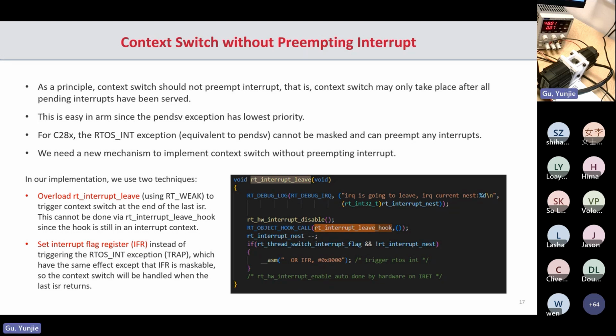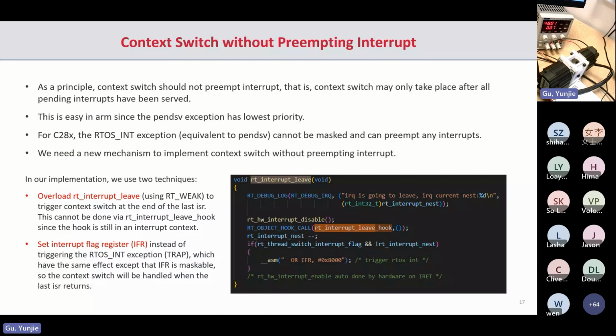To address this problem, we overload the RT interrupt leave function, which is called by each of the interrupt handlers in the RT-Thread framework. And we insert these sentences into that function.